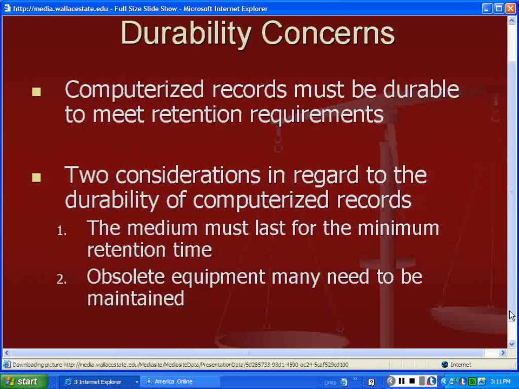So the assumption is you're going to be keeping it on a CD or a DVD. And then we use the stick drives, little flash drives, those types of things. And so I'm just trying to equate this to these durability concerns: just because we have it on something doesn't mean we can actually get to it. And so we have to take that into consideration, which may cause us to have to keep obsolete equipment in working order for the retention period.